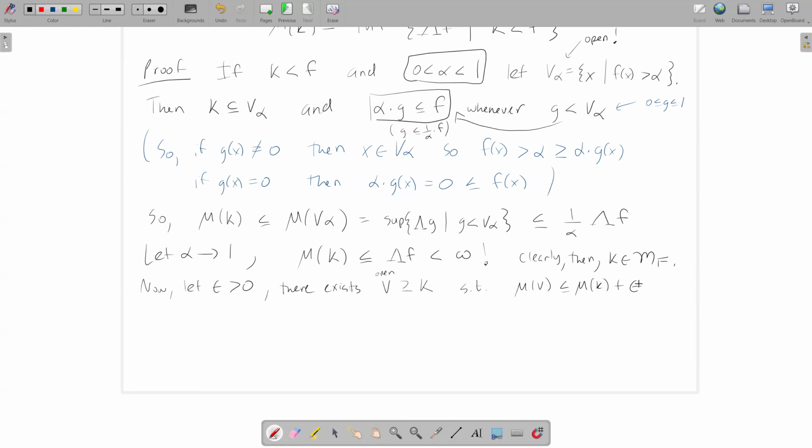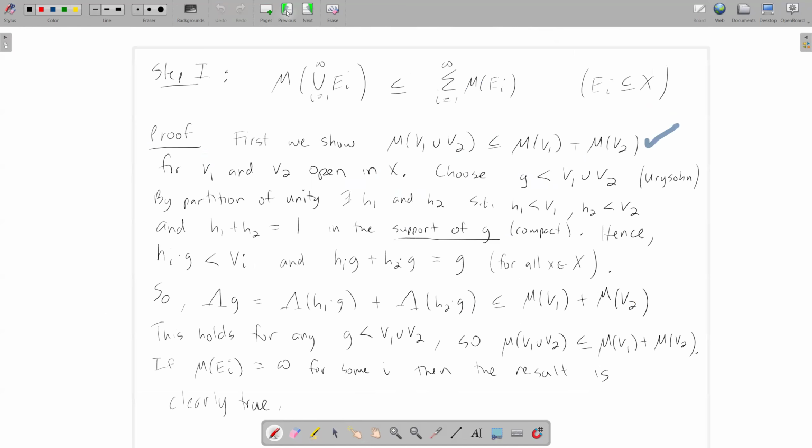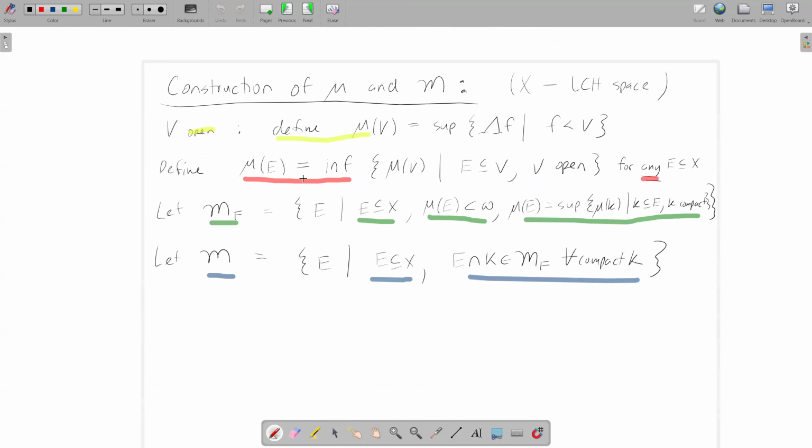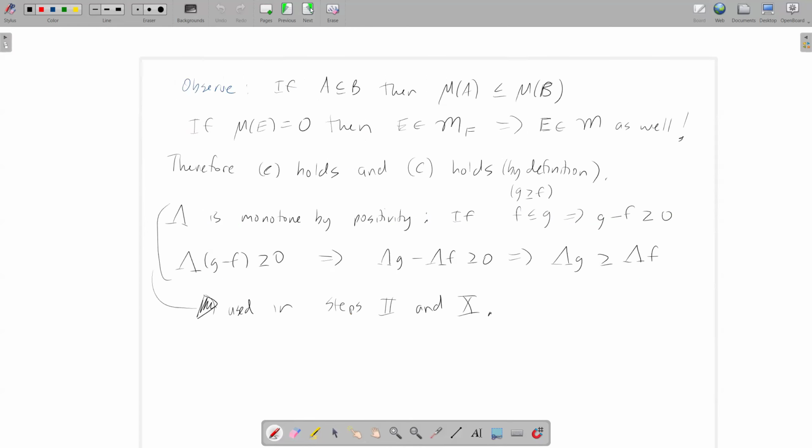I can make that a strict inequality if I want, so I guess I'll do that. It doesn't really matter. What am I using here? I'm just using the definition of measure. So this applies to any subset. I can always do that.